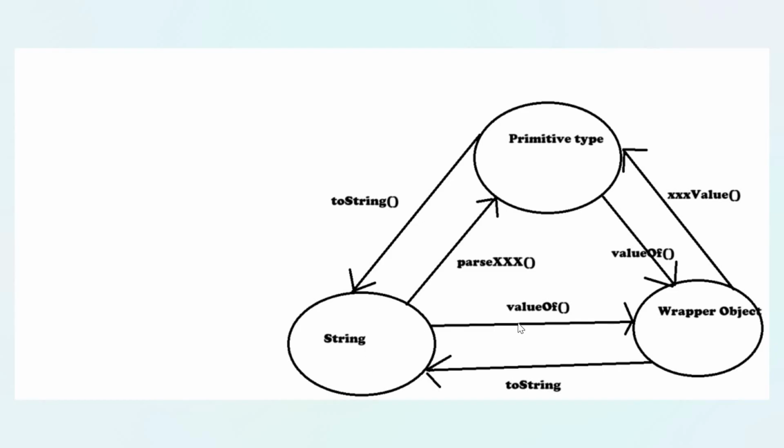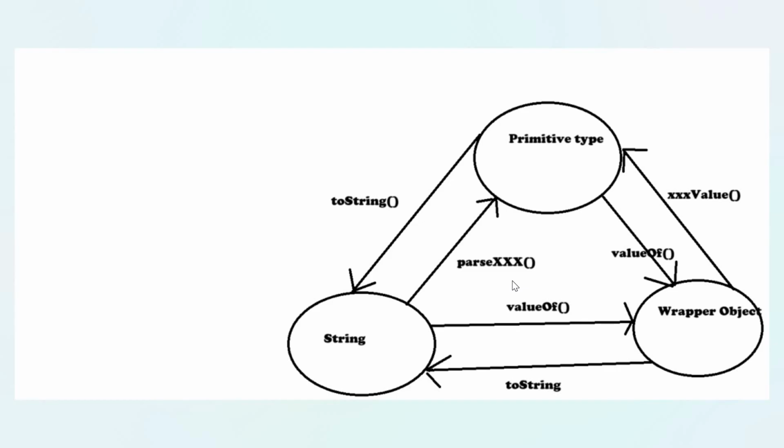What is string doing? valueOf is converting string to wrapper. toString is converting wrapper to string. Whichever wrapper class we have, if you want to convert into a string, we have to use the toString method. So to convert from wrapper to string or primitive to string, we have to use toString only. But if you want to convert a string to primitive, then we have to use parseXxx.